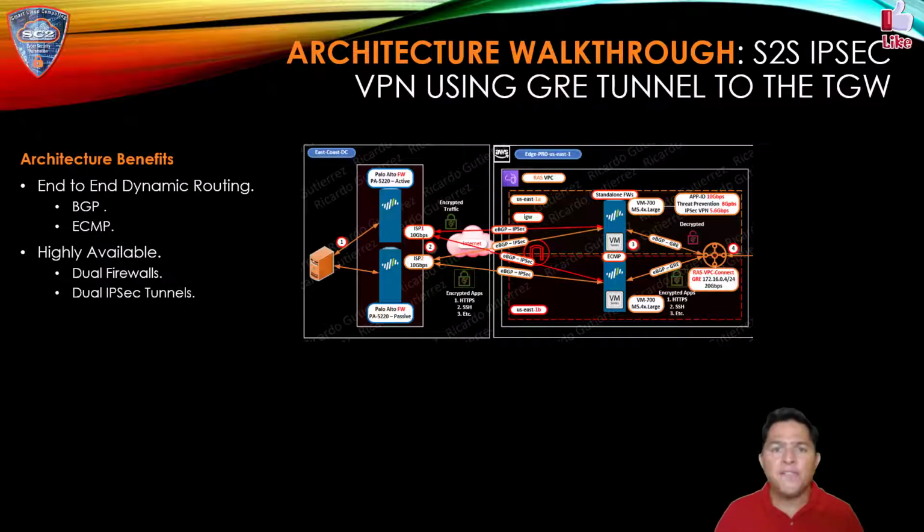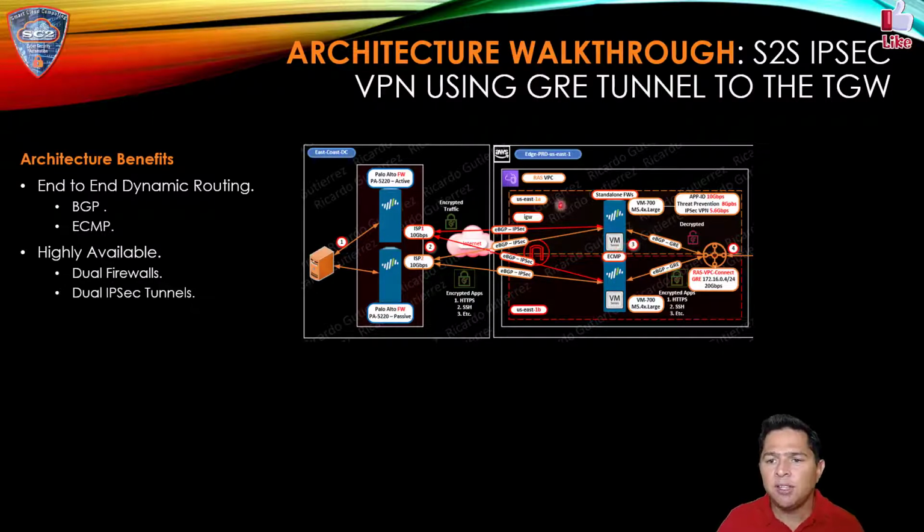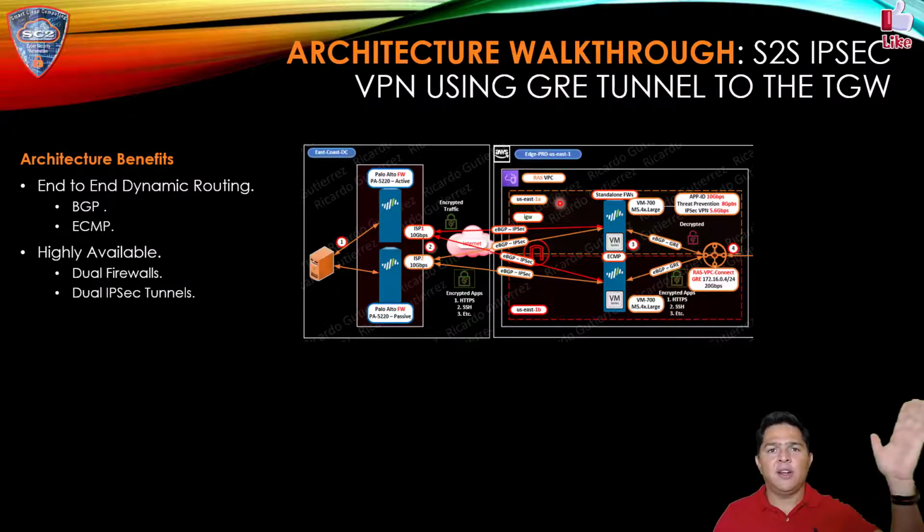The other feature that makes it highly available is that we have dual IPsec tunnels from on-premises to AWS, to the firewalls in AWS. If you notice, the firewalls in AWS are in two different AZs as well. That means availability zones. An availability zone, if you're not familiar, means it's a data center in the region.